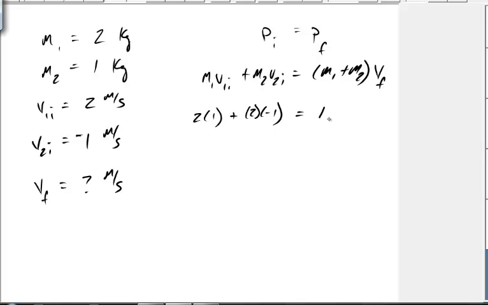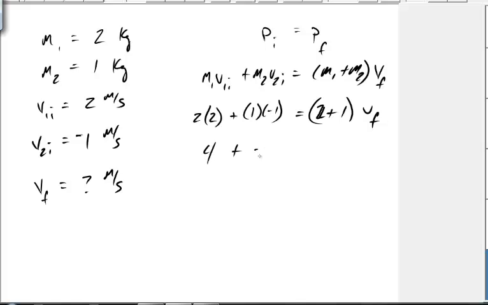I want to make sure I wrote all this out right. Oh, no, that doesn't happen. I made a mistake. I wrote down the wrong number, so that's something that you have to pay attention to. So it's 2 times 2 plus 1 times negative 1. And then it's 2 plus 1 over here times the VF.